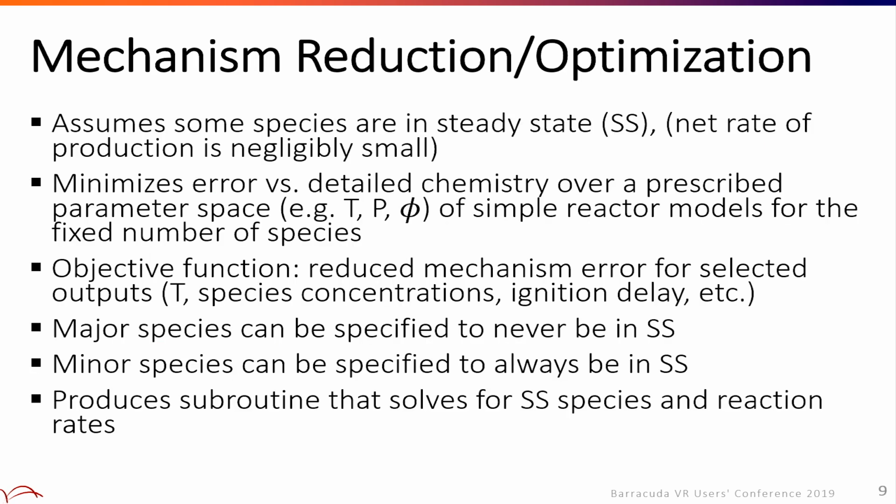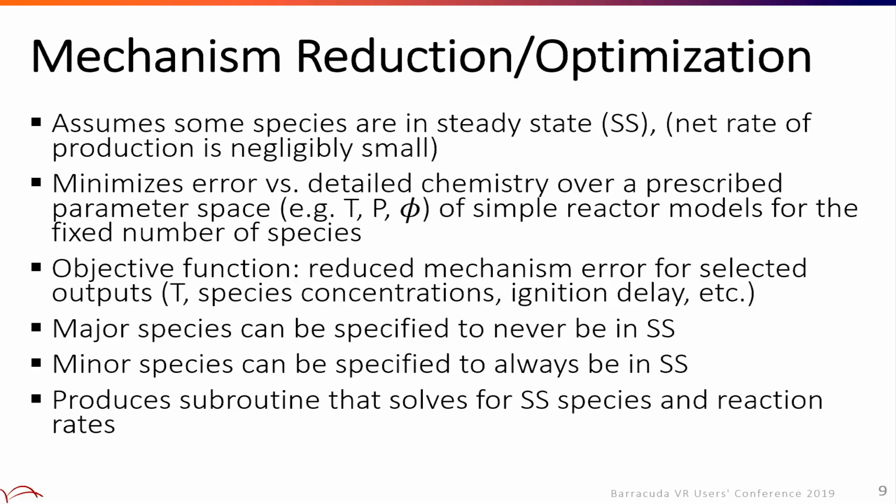The key in the reduction and optimization is that we are assuming some species are in the steady state. That means the net rate of production is negligibly small, so that we don't have to worry about those. By doing that, you minimize errors against the detailed chemistry, and our objective function could be temperature, species concentration, or ignition delay, as you like.